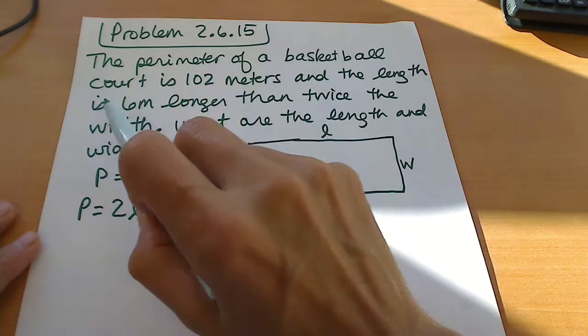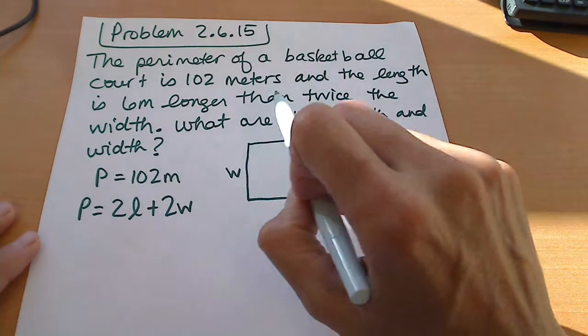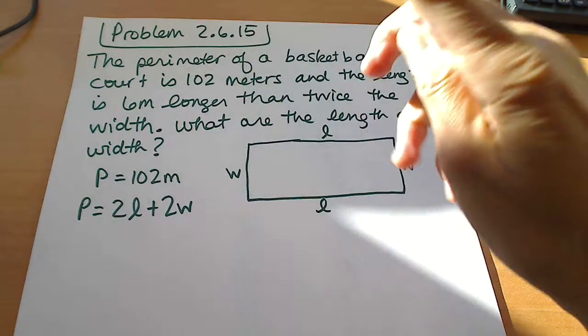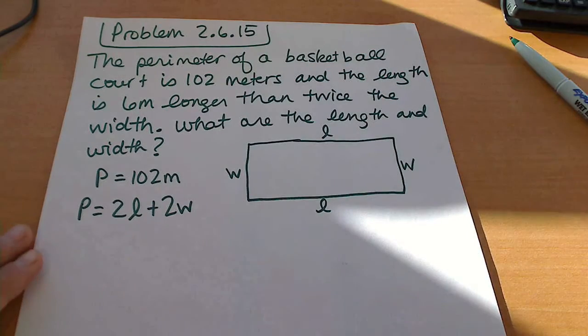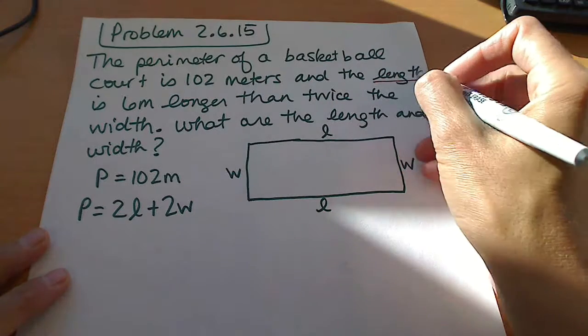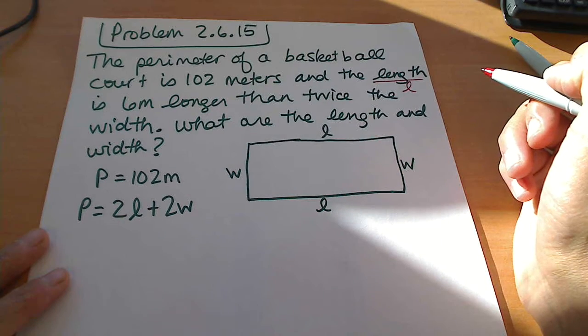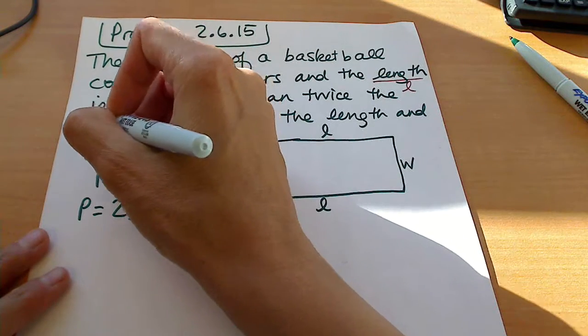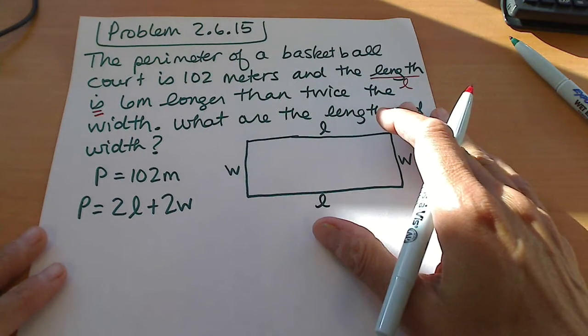They tell us that the length is 6 meters longer than twice the width. And frequently what we want to do in math when we're working with these word problems is convert the words into mathematical symbols. So the word length here, that's referring to our variable L. The word is in math is frequently an equal sign.